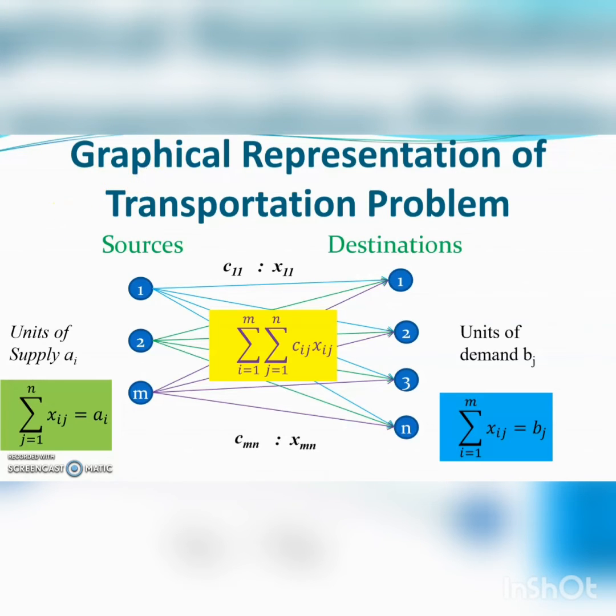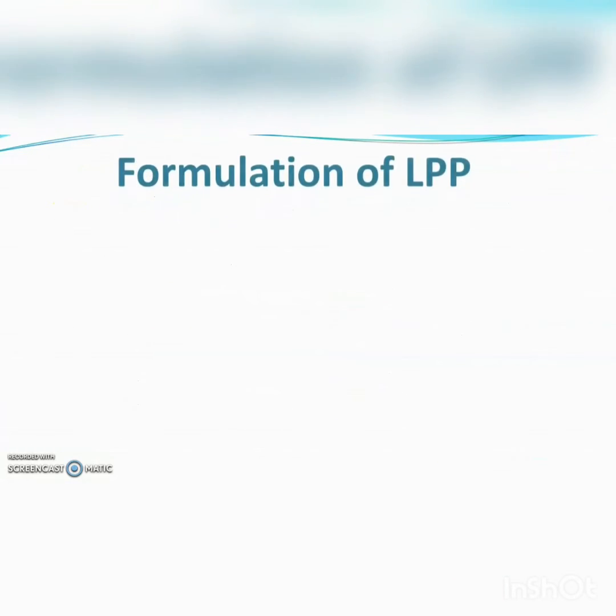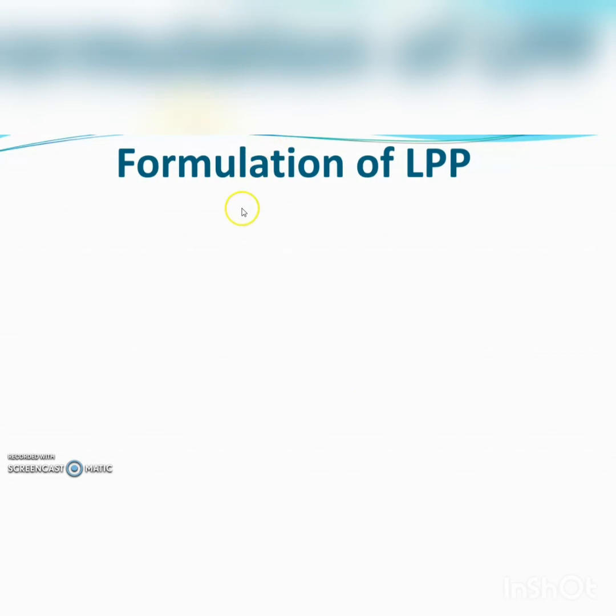Now the corresponding LPP, that is the linear programming problem of the transportation problem, is: minimize summation Cij xij. This is the objective function.